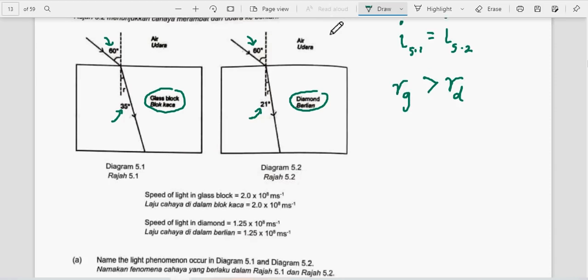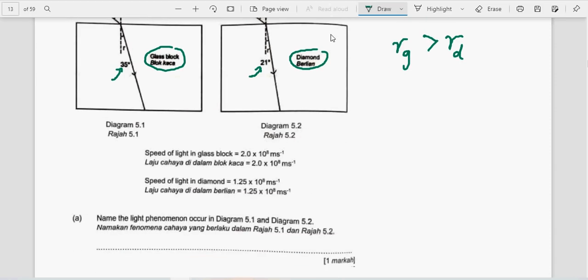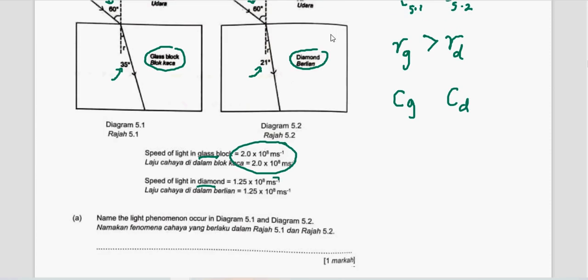Next, they also give the speed of light in the glass block and the speed of light in diamond. So I can write c for glass block and c for diamond: 2 times 10 to the power of 8, and here 1.25 times 10 to the power of 8. So in the glass block, c is bigger compared to diamond.